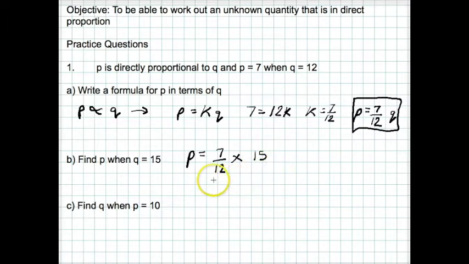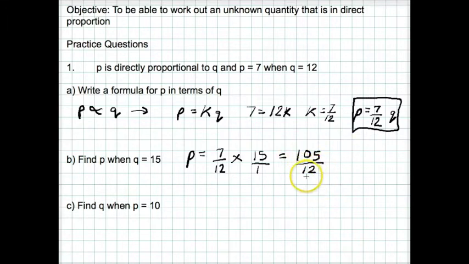Now when I'm multiplying like this as a fraction, I tend to put the 15 over 1, and then I just multiply the top two numbers together and then multiply the bottom two numbers together. So 7 times 15 gives me 105, over 12 times 1, which is 12.